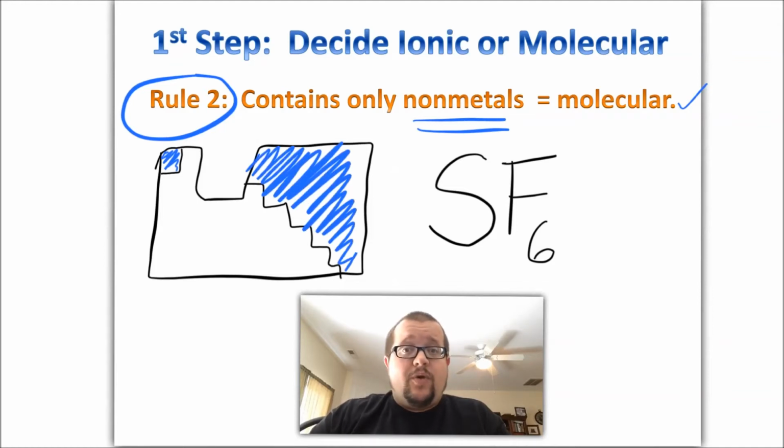So looking at our formula, SF6, if you pull out a periodic table, you can pause the video now to pull one out. You can see that sulfur and fluorine are on the upper right side of the periodic table, both nonmetals, making SF6 molecular. So we'll have to apply the molecular naming rules from Module 4.